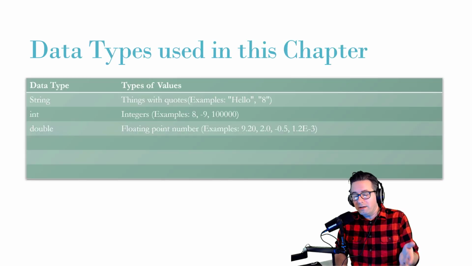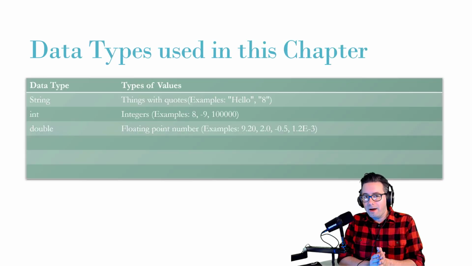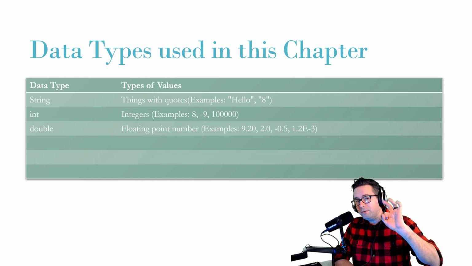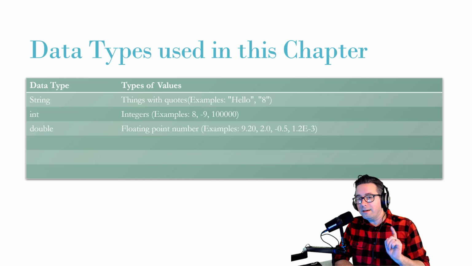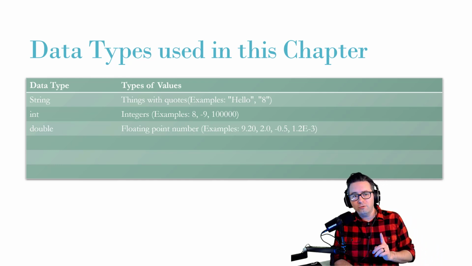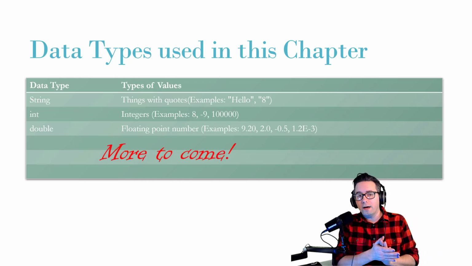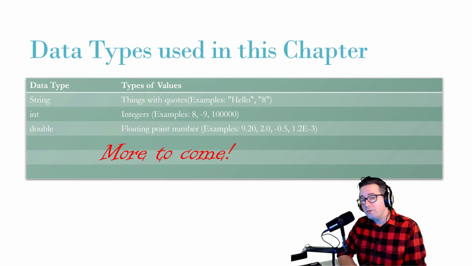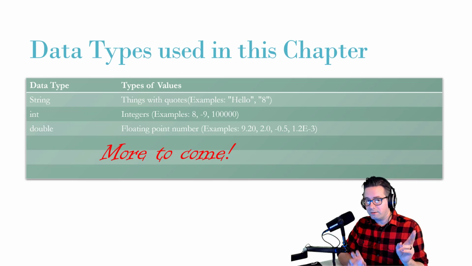As far as the different values we're going to look at, today we're going to look at three: strings, ints, and doubles. There's going to be more to come, so don't worry, but I think this is a solid introduction. Strings are things that have a bunch of characters grouped together with quotes.